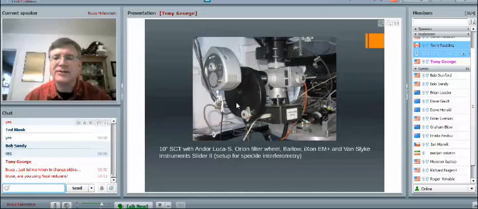It's actually in the picture an SBIG ST402, I believe. And he has a Van Slyke instrument slider. And this is set up for speckle interferometry, where he's observing hundreds of frames per second. Next slide.